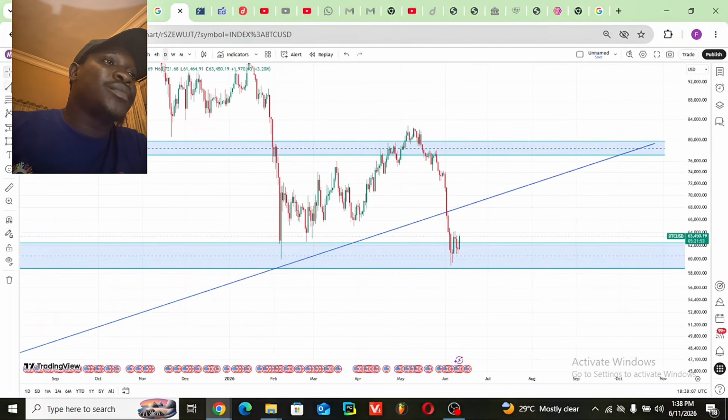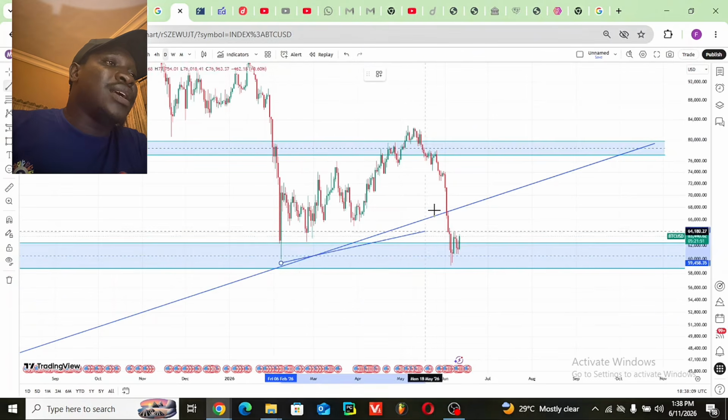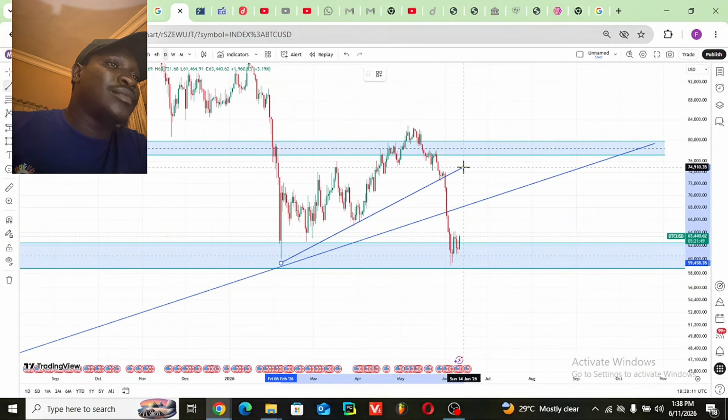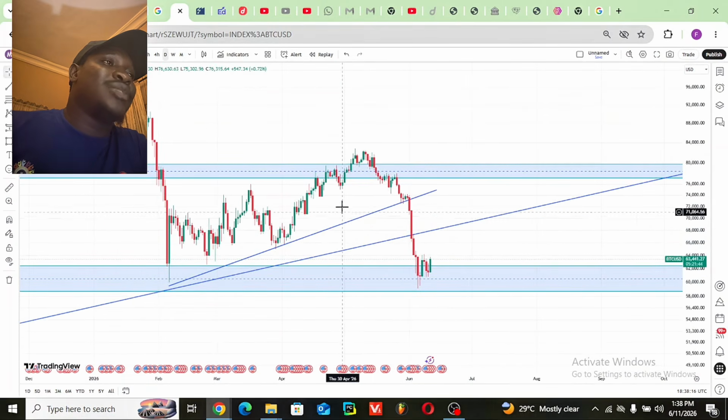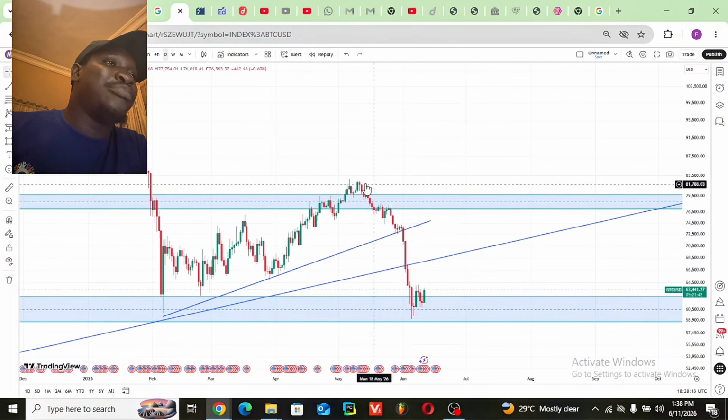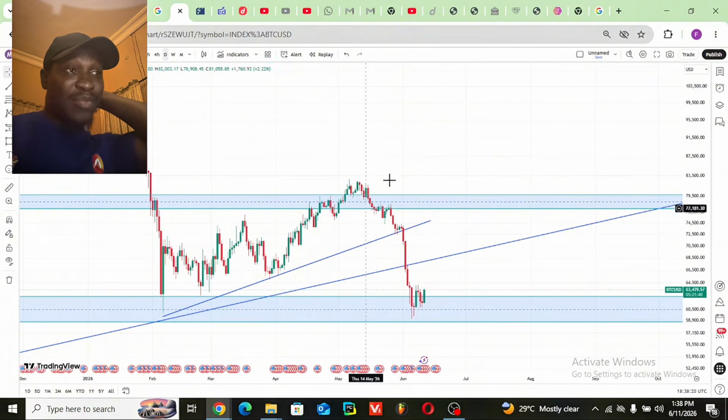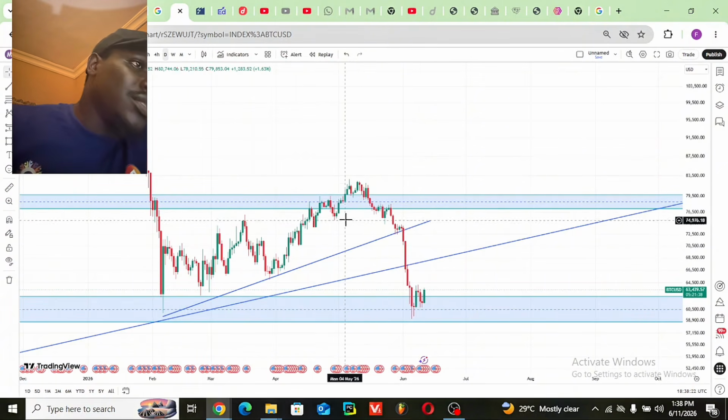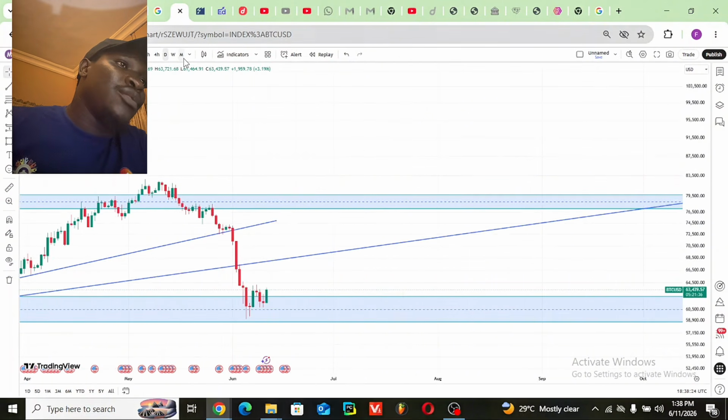However, there is an inner trend line break, as you can see. So we are expecting price to give a price action, a chart pattern rather, around this region for us to see what to do.